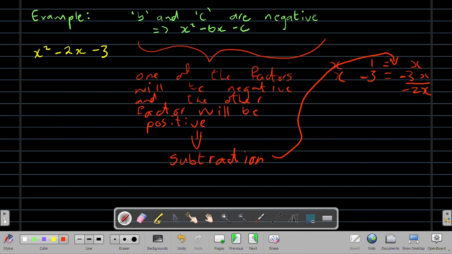That means our 3 is going to be negative. Then we do the same thing we've done all this time. We have x, a positive, and a negative. That 3 will be negative, the 1 will be positive, and there it is, factorized. Again, please check this at home.